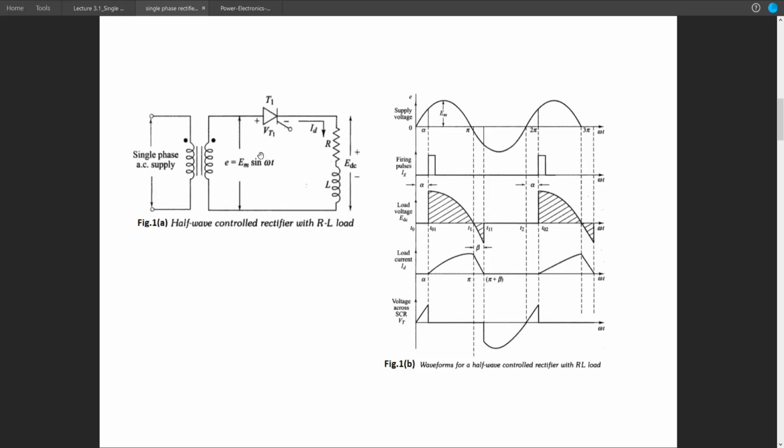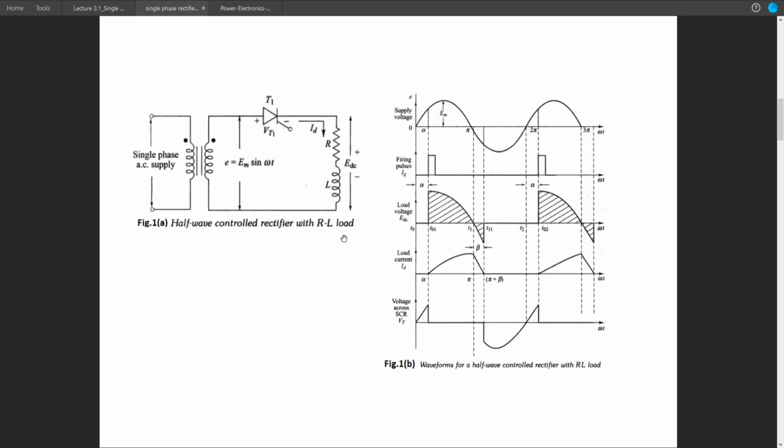As we have learned earlier, the thyristor can only be turned off by reducing its current below the holding current. So the thyristor will remain on in this period. The voltage waveform becomes negative after this point. So we will get a positive voltage and a negative voltage, but a positive current in case of an RL load.